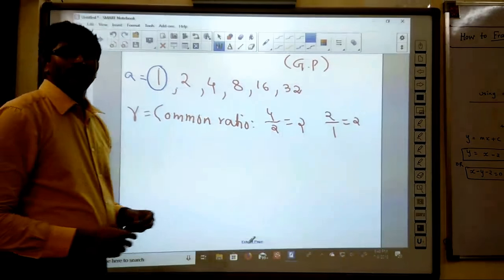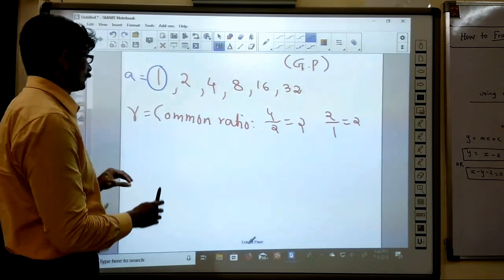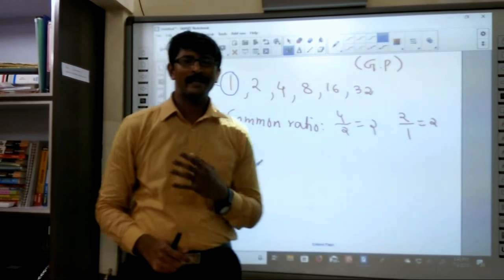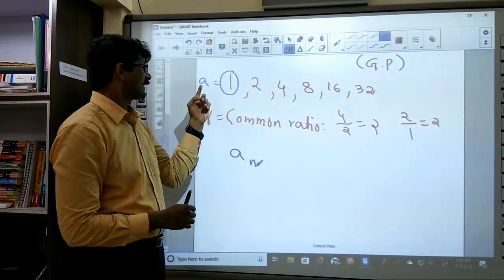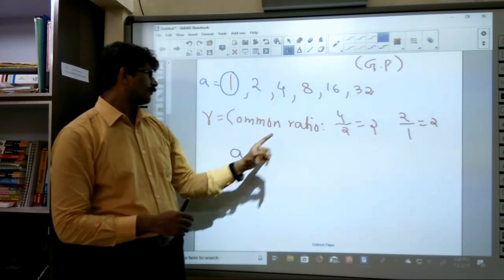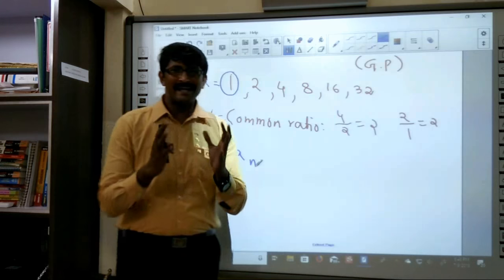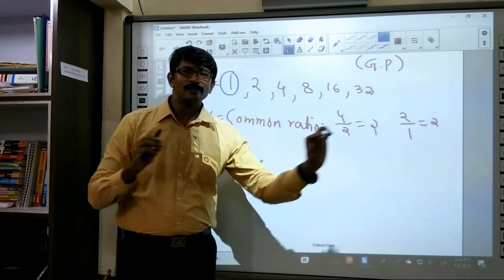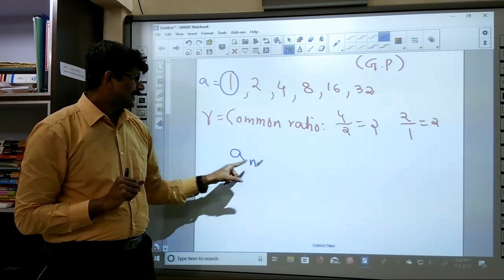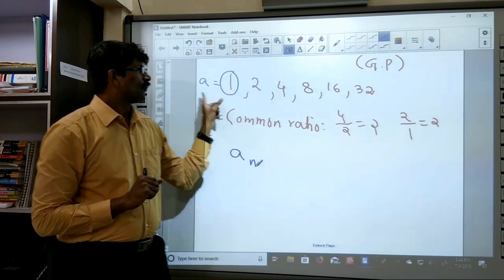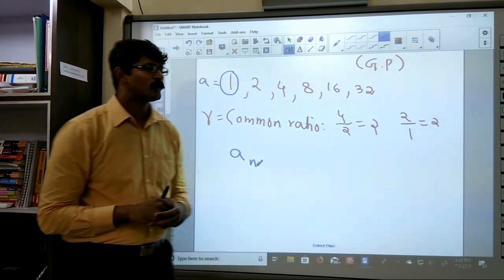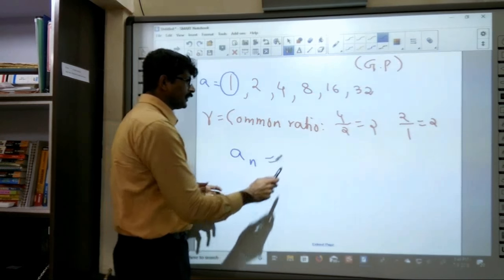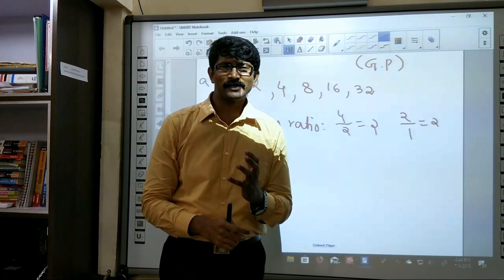So student, we will continue right now. In case you have to calculate an, now what is an? By now we understood a stands for first term, R stands for common ratio, and an is nothing but the nth term of the geometric progression. Do you remember in AP what was an?